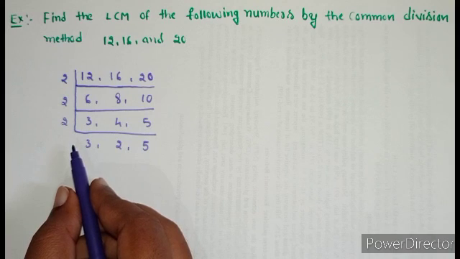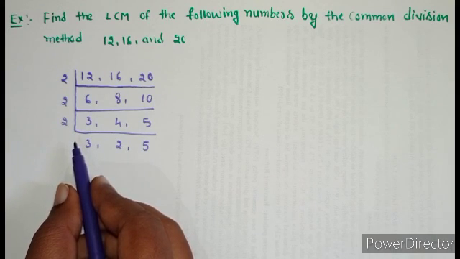To get the LCM, multiply all the factors and the numbers in the last row.